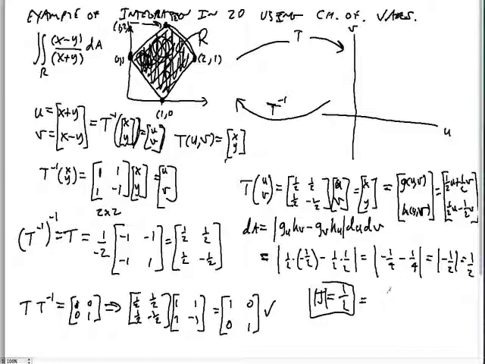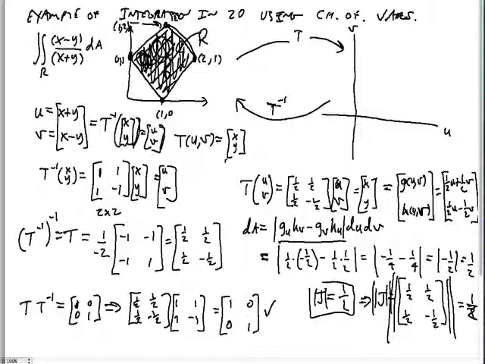The Jacobian was just the matrix T, 1/2, 1/2, 1/2, negative 1/2, and if you take the absolute value of the determinant, you get 1/2. So the determinant of the Jacobian is the same thing as right here. So now we have the formula: dA becomes 1/2 du dv.